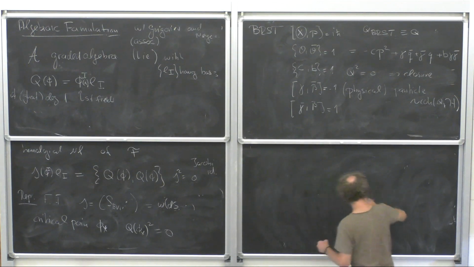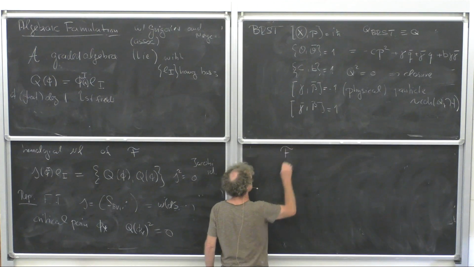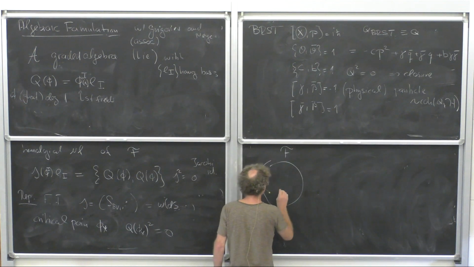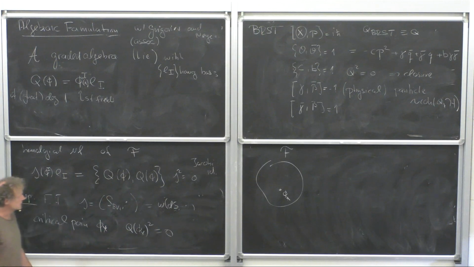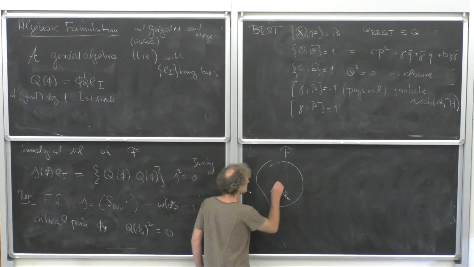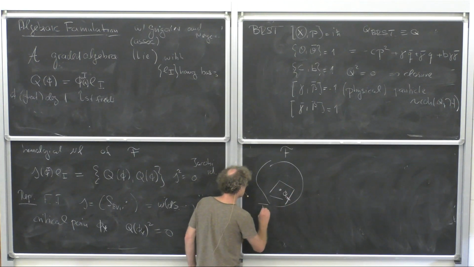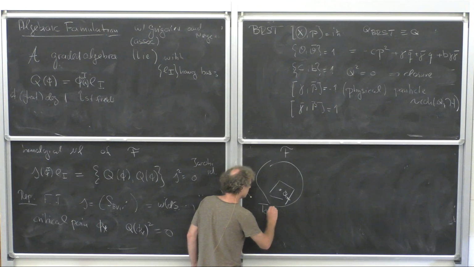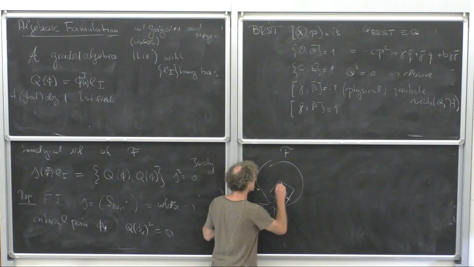Let's say this is our space of fields, F, and I have found some critical point, phi star. So this is some solution of this. These are just some background fields at the moment. Then I can look at the tangent space at phi star of F. Let's take some vector, I'll denote it by delta phi.